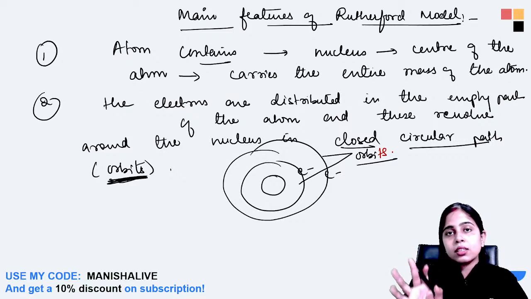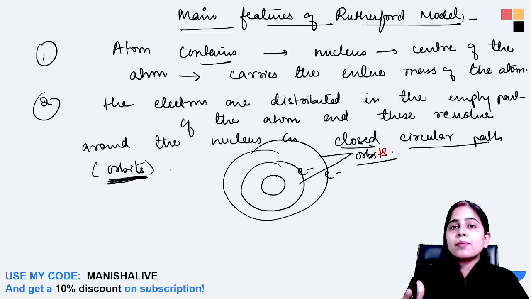You can imagine the volume of the atom is so big compared to the volume of the nucleus, but still the entire mass of the atom was concentrated in the nucleus. Therefore the nucleus was the densest part of the atom, where the maximum mass was concentrated.